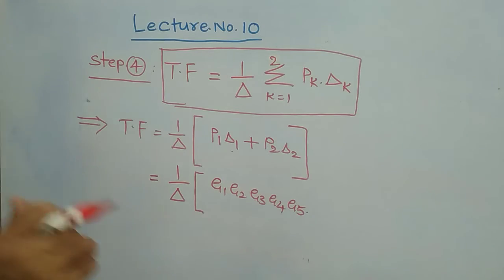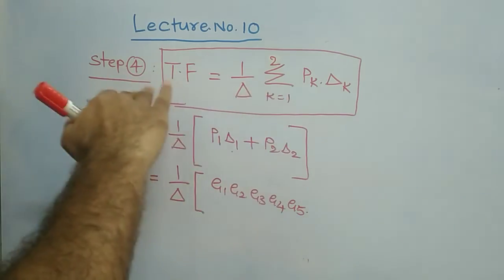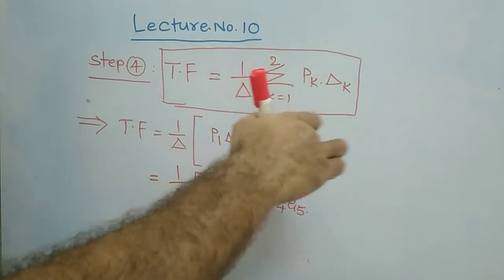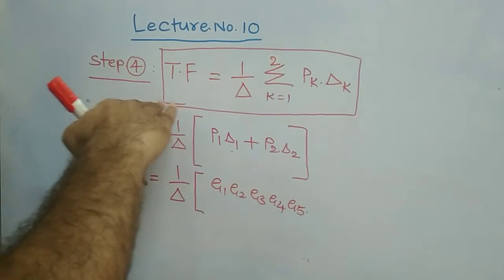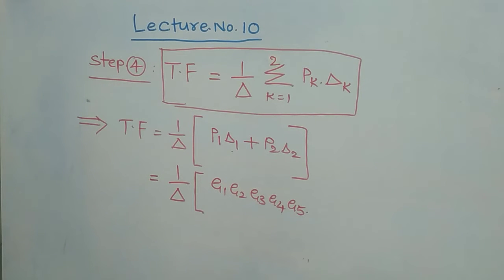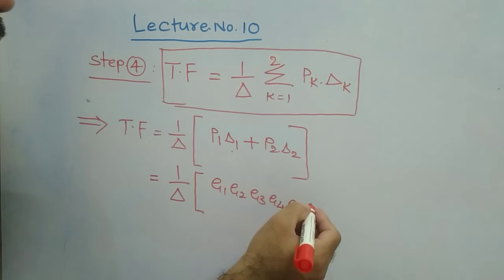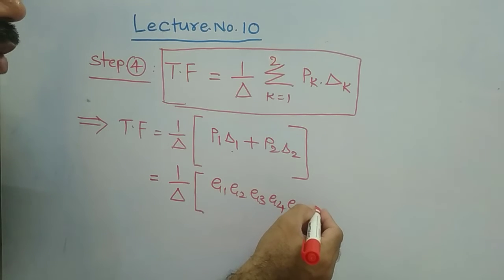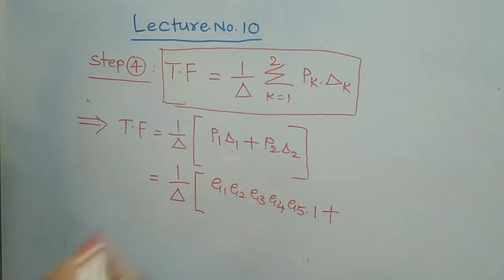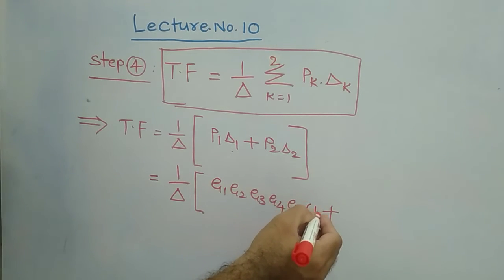Understood? Since all these individual loops are touching the first forward path, in this case the delta 1 value is equal to 1. Therefore, delta 1 is equal to 1 here.